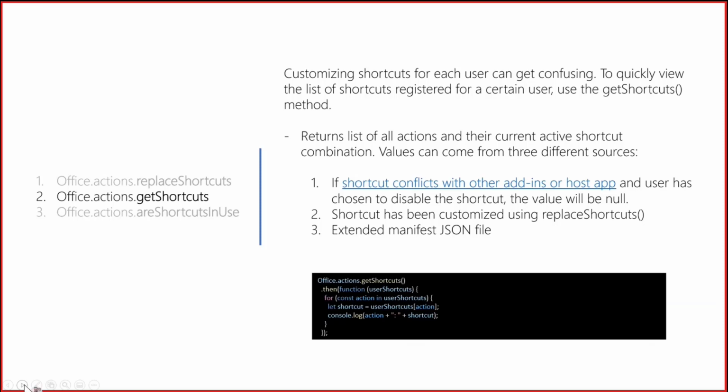But the main goal here is to make it easy for you to create some kind of UI to tell the user, hey, these are the shortcuts that you have available right now. This is what you can use to invoke the actions in the add-in. And so you can use this get shortcuts method for every user to create that UI.